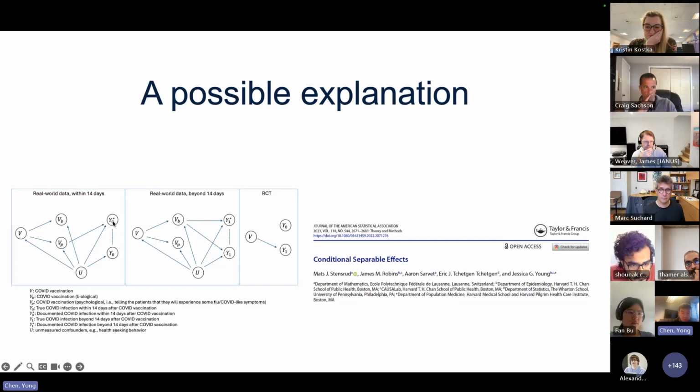But if you look beyond 14 days, the biological exposure is going to impact both true COVID infection and the documented infection. So this is something really interesting going on, meaning that this intervention V actually has two implications, biological implications and also behavior implications.